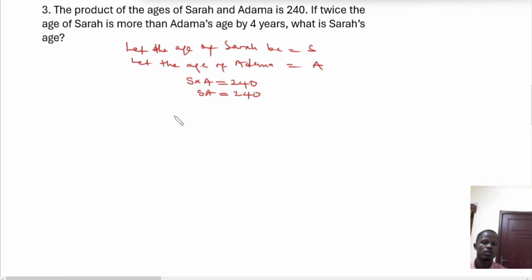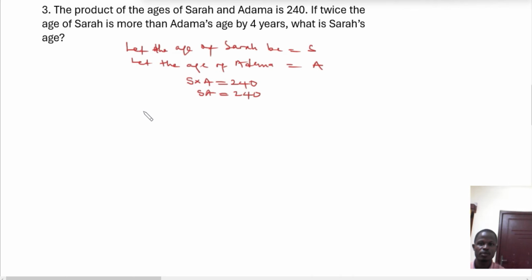Now let's move on to this second statement. If twice the age of Sarah, we know the age of Sarah is represented as S. Twice the age of Sarah, that's 2 times S, 2S.